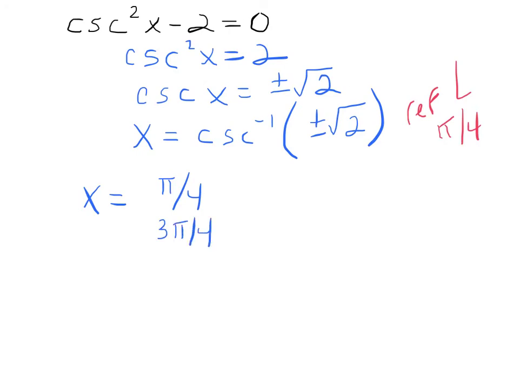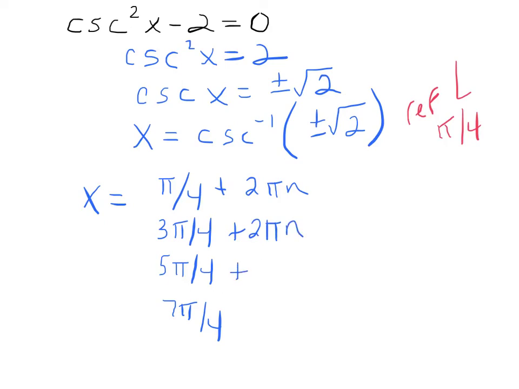The negatives would put me in the third and fourth quadrants, so I'd have 5 pi over 4, and then 7 pi over 4 in the fourth quadrant. And since there are no restrictions here, plus 2 pi n, plus 2 pi n, plus 2 pi n, and so on.